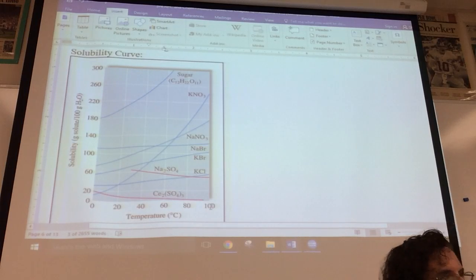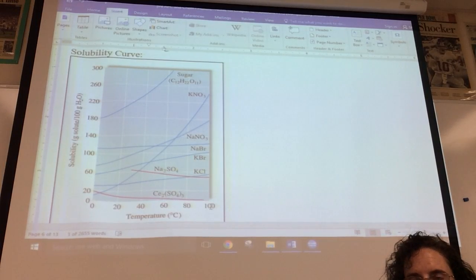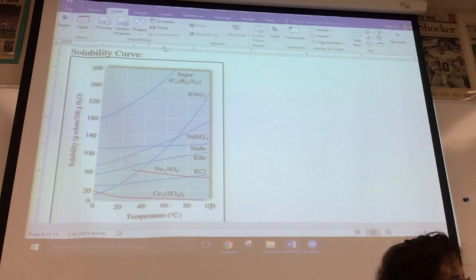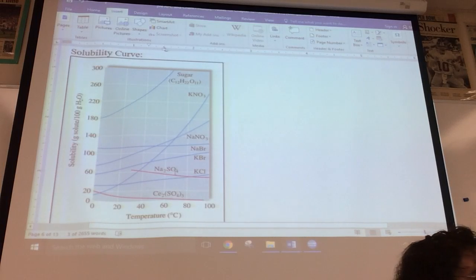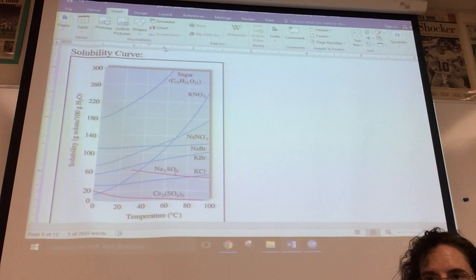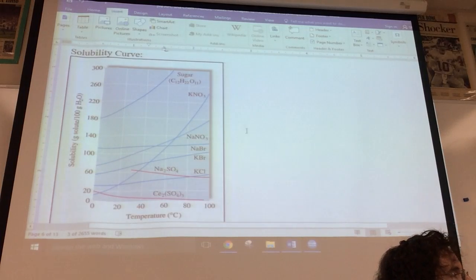One's showing increasing solubility, the pink is showing decreasing solubility with increasing temperature. Sulfates are a little unusual in that they show decreasing solubility with increasing temperature. The salts you can see otherwise show increasing solubility with increasing temperature.